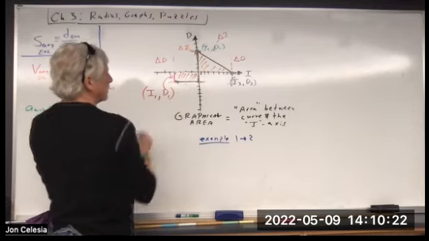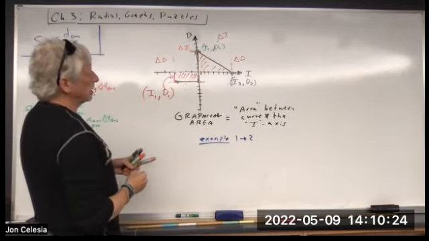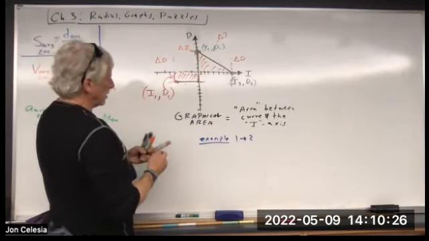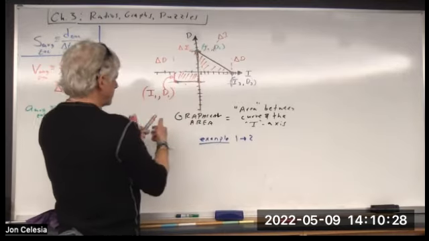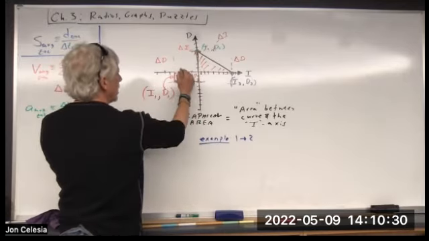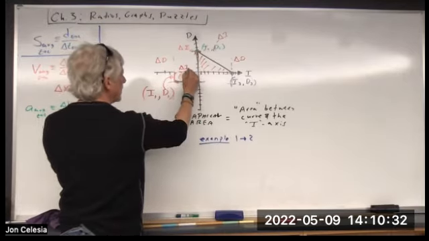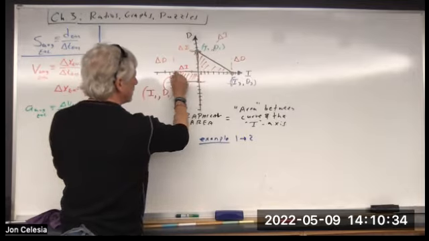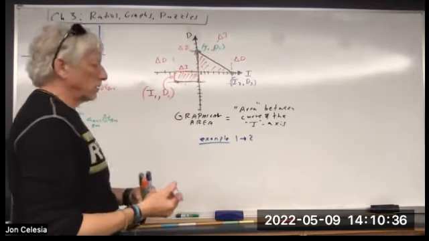That's D1. And then this would be the change in I. And it's a rectangle.